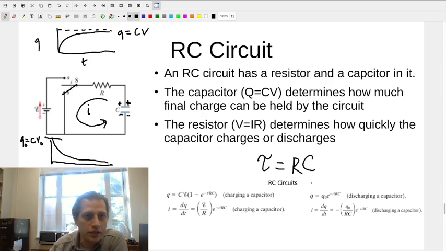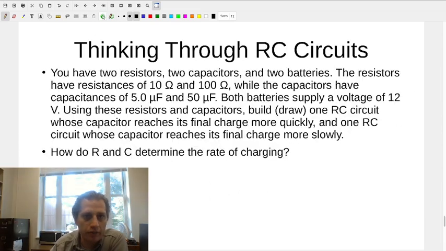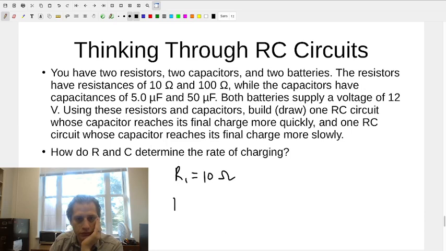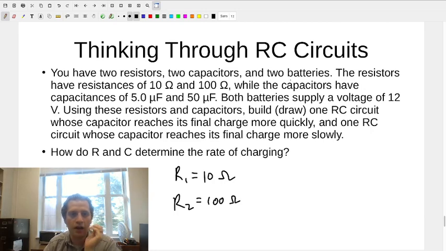Okay, so let's just look at one quick problem. You have 2 resistors, 2 capacitors, and 2 batteries. The resistors have resistances of 10 ohms and 100 ohms, while the capacitors have capacitances of 5 microfarads and 50 microfarads.